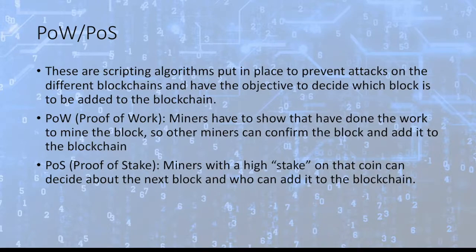So it doesn't require computers to be calculating or solving hard mathematical problems. The good side of proof of stake is that it doesn't have any energy costs. As I just mentioned, this year 0.5% of the world's energy is being used to mine, meaning that they're using proof of work or some other variation of that.